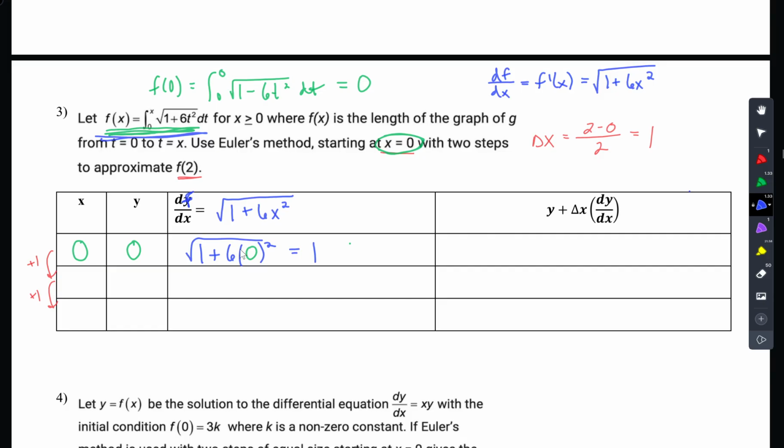Oh, she's on the next question. No, the next line. It's 6. 6 squared. 36 plus 1.